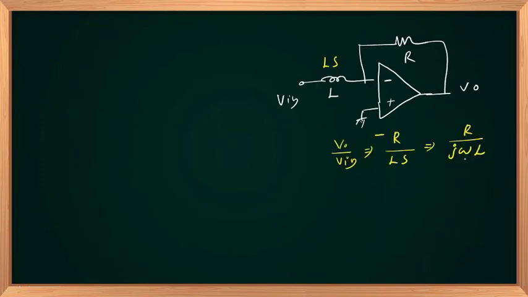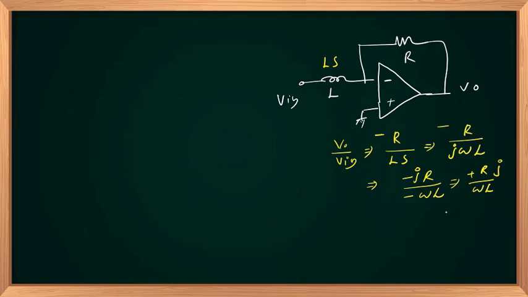So omega with a negative sign. If you are multiplying with J, we get minus J R upon J square, that is minus omega L. So this will become positive R upon omega L with a J term.